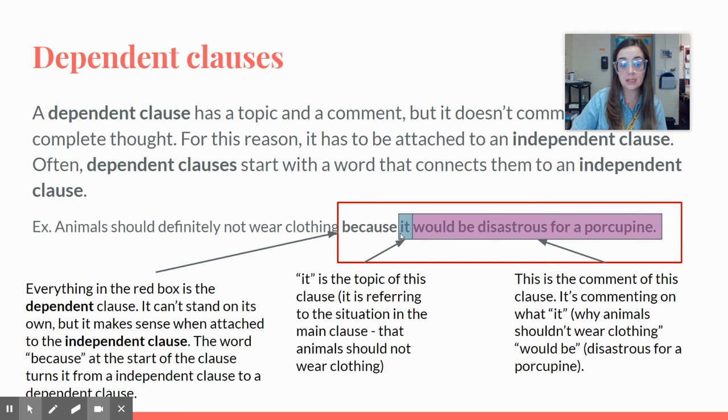The word because causes it to be a dependent clause. If I just said "because it would be disastrous for a porcupine," you wouldn't know what I was talking about. It's not a complete thought. The only way to make it complete is to have the main clause. So the word because at the start of this clause turns it from something that could stand on its own to something that is dependent on another clause, that relies on another clause for information.